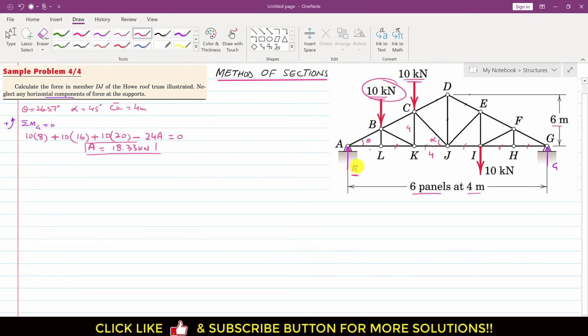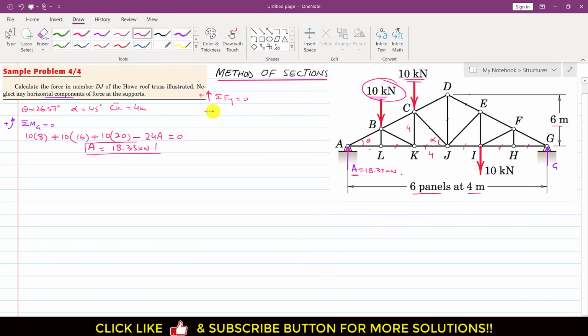right? So now we can write that here we have a reaction force of 18.33 kilonewtons, and now if we want to find the reaction at point G, then we can apply the summation of forces along y equals 0, and the upward forces will be taken as positive, right? So now this A is acting in the positive, upward direction.